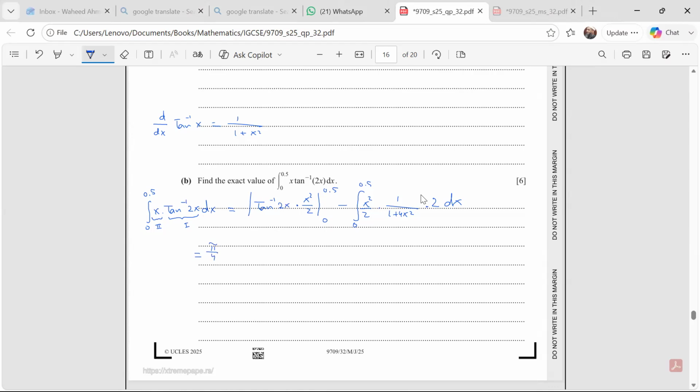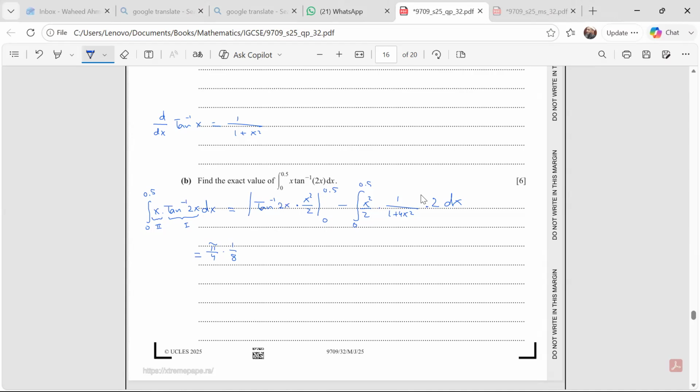And x squared is 0.5 squared, which is 1 by 4, into 1 by 2, so this is going to be 1 by 8. Let's check. Yes. When I put the lower limit, it will become 0 because of x squared by 2.